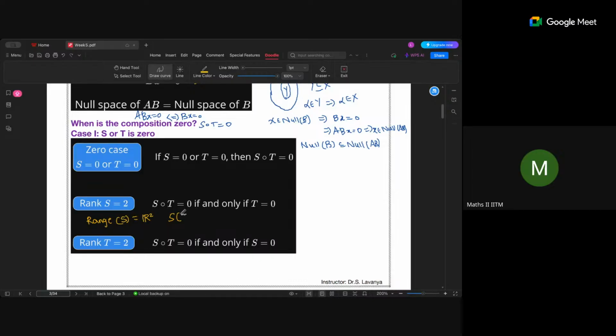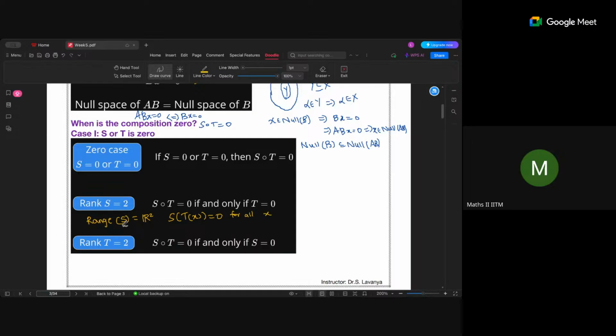The range of S is nothing but S of R2, which is just again R2. Now here you have S of T of some value, and that is going to be 0. This means that your T should be equal to 0. So here let me write S of Tx equal to 0 for all x.